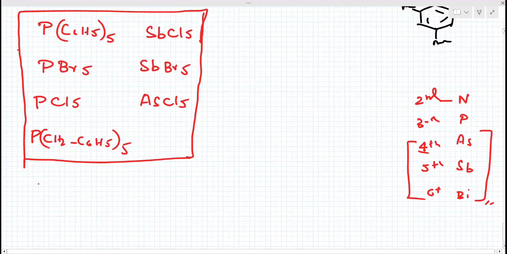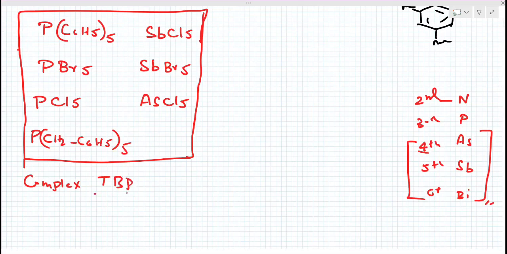This complex, what is the geometry? Trigonal bipyramidal, because the central atom is below the fourth period.